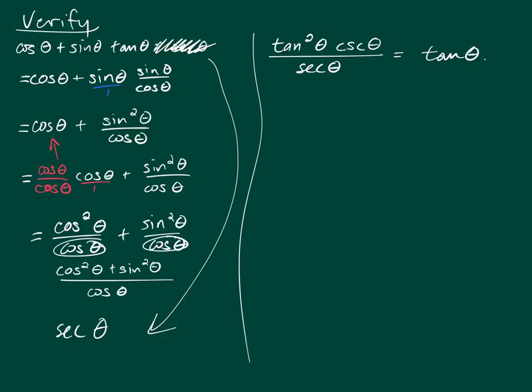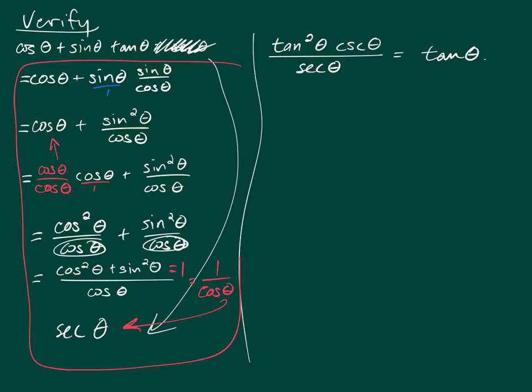Equals, okay. So now the very last thing I want to mention here is that cosine squared theta plus sine squared theta does in fact equal 1 by a Pythagorean identity. So this gives us 1 over cosine theta, which is secant theta.